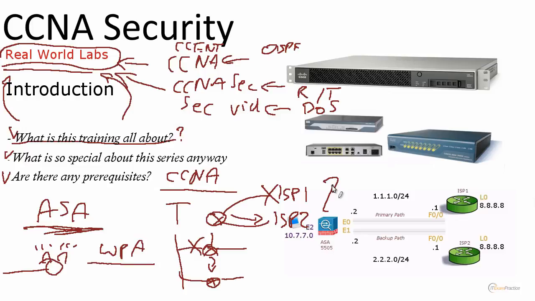I tried to challenge myself, and it's not as crazy as the first CCNA real-world labs. Still, you will find a lot of videos where I struggle. I say, what's wrong with this thing? I should be able to ping and it's not working. What's wrong with it? And I keep recording.